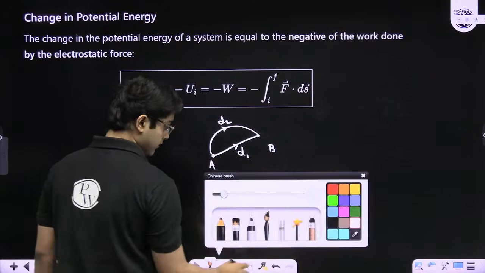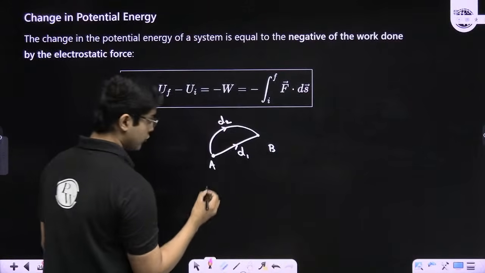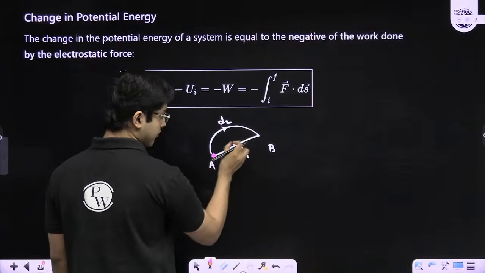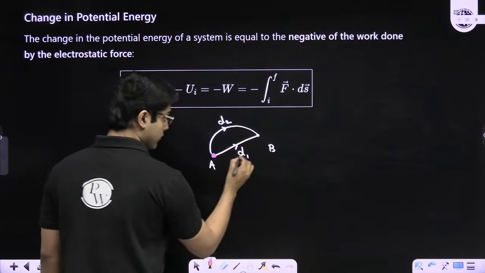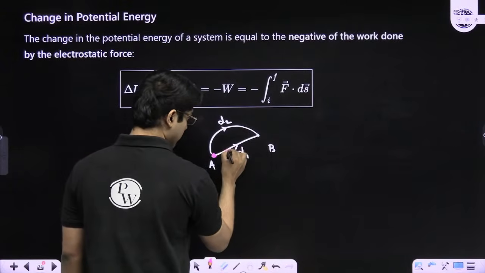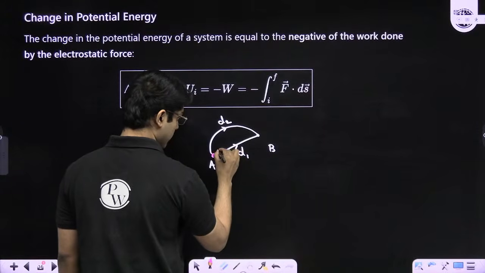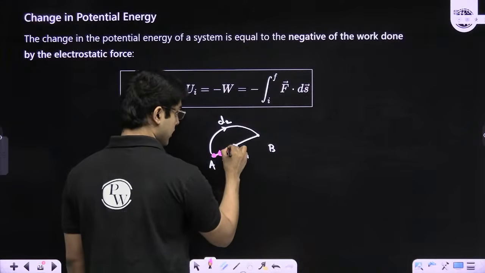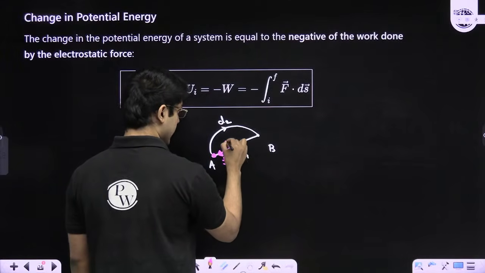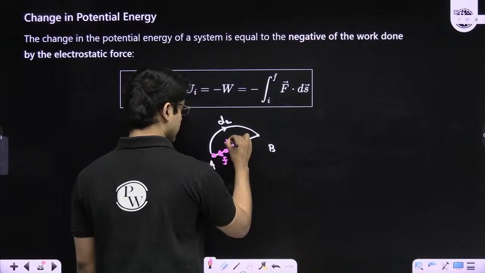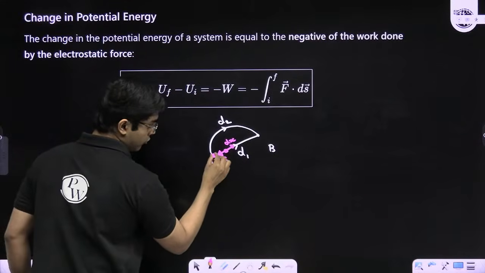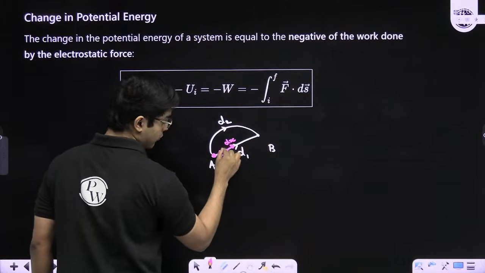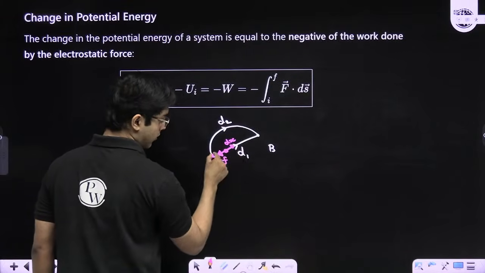So here the thing is, if you assume a friction force, let's say you are dragging some object along this d1 line, then of course at any point in the middle, the friction force will oppose the motion, right? Let's say the friction force is F and displacement is in this direction. So you are slowly dragging this particle from A to B. Friction force is opposite, displacement is along this line.